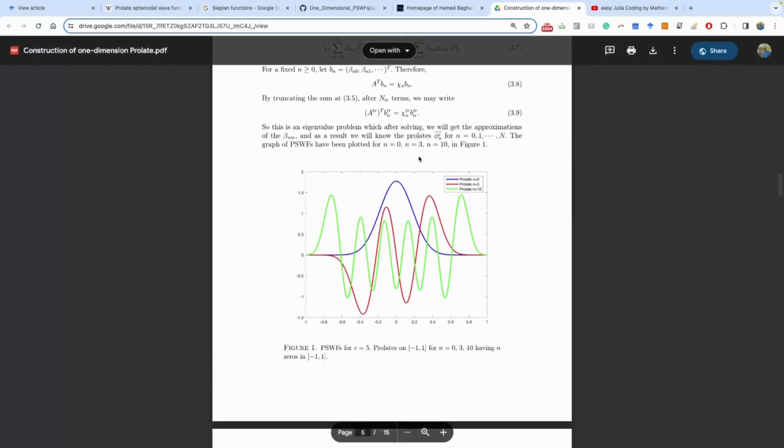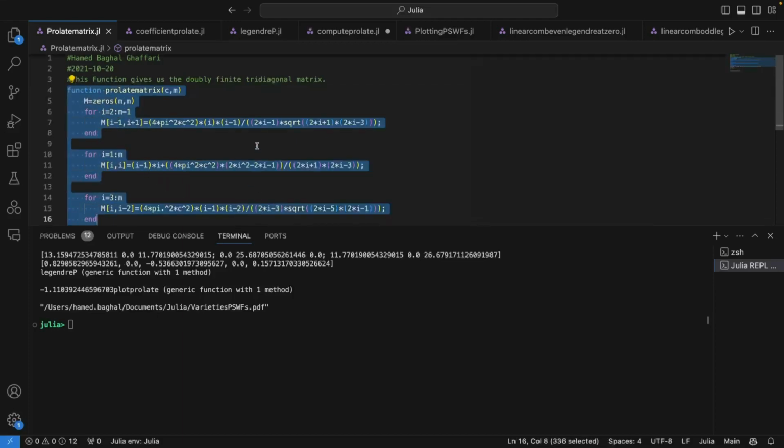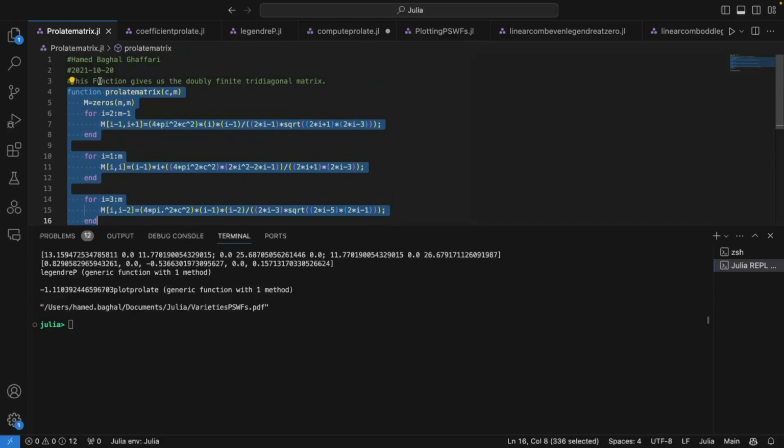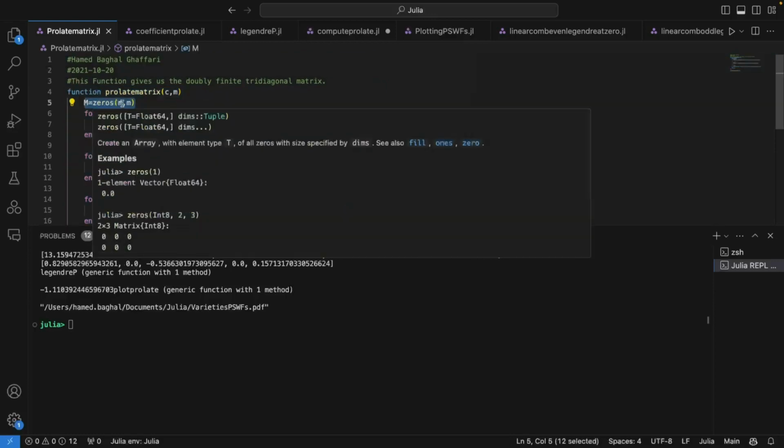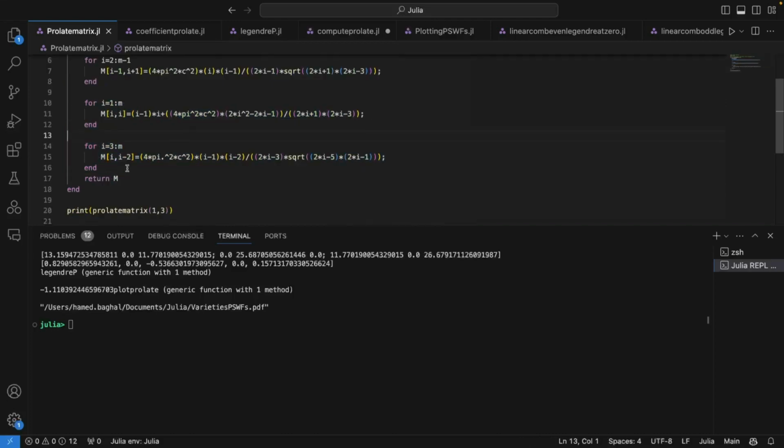Now let's go to VS Code. You see that the matrix has been created here by this function. It's tridiagonal, so I can have a zero matrix at first, and then I can start to shape those three diagonals in the matrix with a for loop.